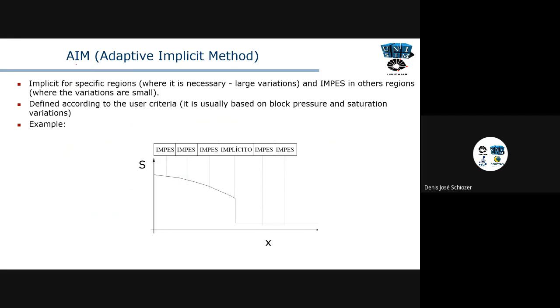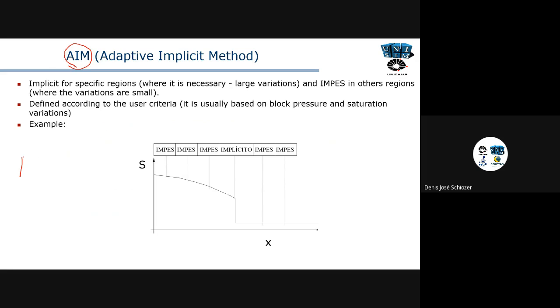So CMG, the builder of IMEX and GEM and so on, invented this solution. Today, almost all commercial simulators have it, which is the adaptive implicit method. I'm going to explain it very briefly here because this is introductory.